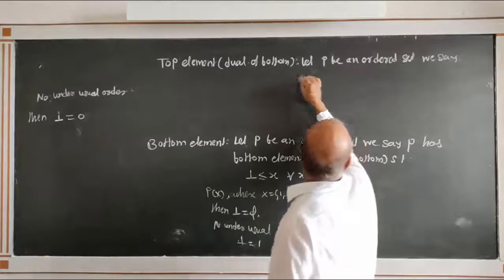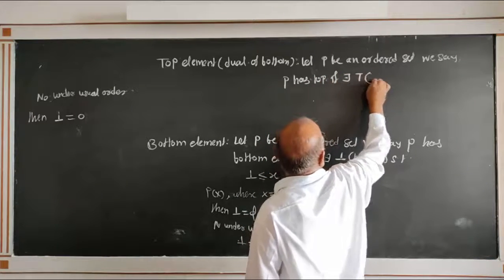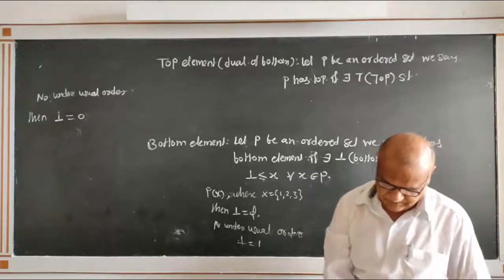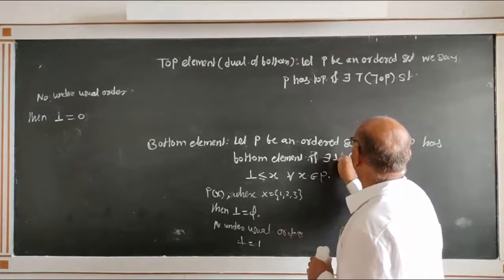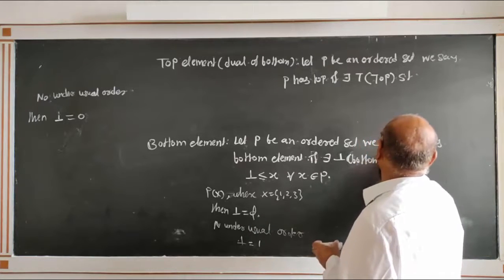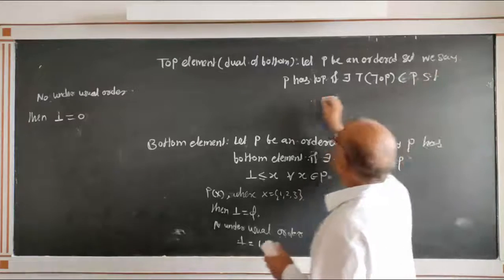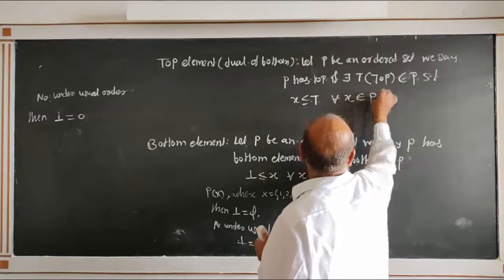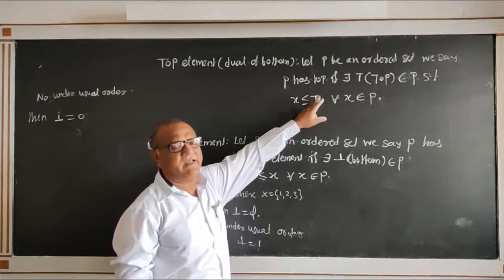We say P has a top element T if there exists T belonging to P such that X is related to T for all X belonging to P. That means every element of P is related with T.